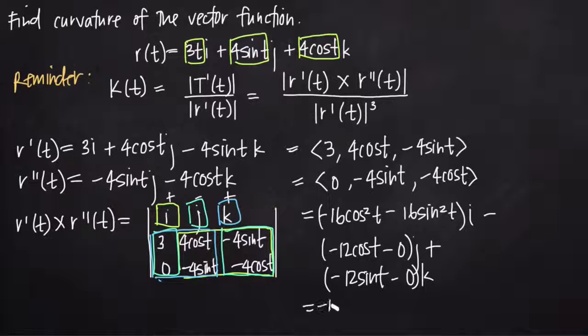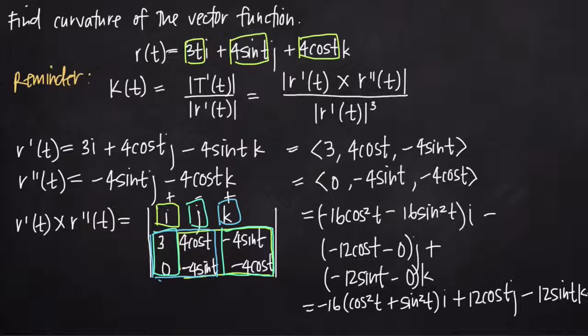We're going to get negative 16 times cosine squared t plus sine squared t. I just factored out a negative 16. We end up with that times i, minus a negative 12 cosine t, so that becomes plus 12 cosine t times j, plus a negative 12 sine t, so that becomes minus 12 sine t times k.